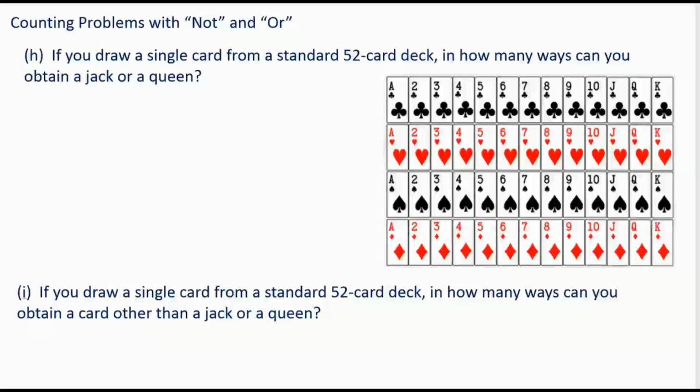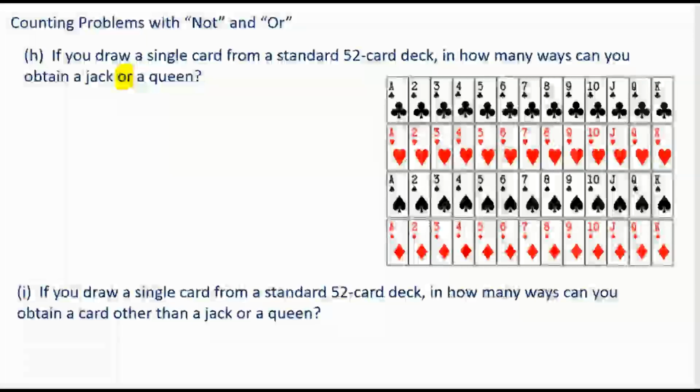So the key word in this problem, once again, is OR. And OR means you add them together, whereas AND means you multiply. That's that fundamental counting principle. I often call it the multiplication principle. But OR means you'll add these two outcomes together, but you've got to make sure you subtract any outcomes that are in common.